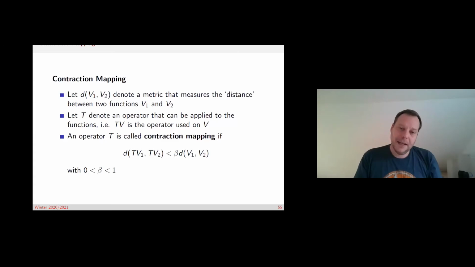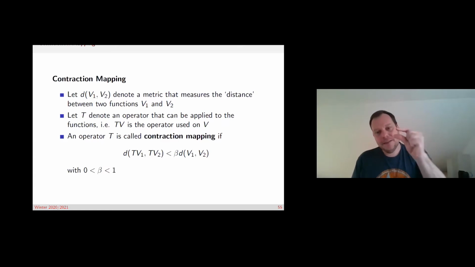What you would hope for is that applying this operator over and over again will ultimately result in one fixed function, such that the distance between this ultimate function and applying the operator again on this ultimate function will be 0. And this is, in a sense, then the solution to this problem.